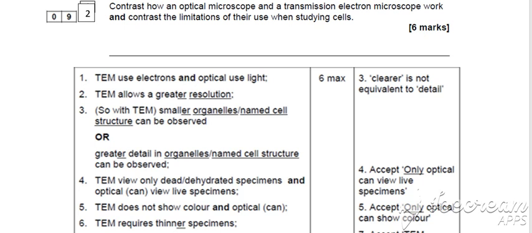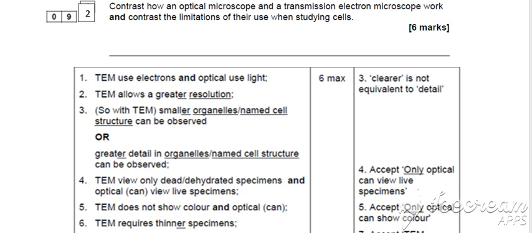They will allow you to name those cell structures. So we would be able to see some of the smaller structures, so things like ribosomes and the Golgi apparatus, the endoplasmic reticulum, or they will allow you to say that you will be able to see them in greater detail.